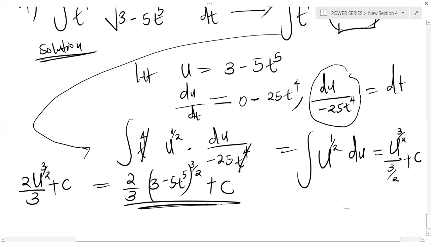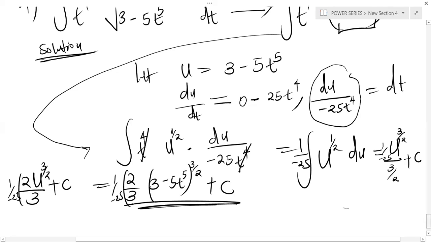What about minus 25? Minus 25, okay, sorry, minus 25 is there. I'm the one who left it out. Thanks for the reminder. So we have 1 over minus 25 here, 1 over minus 25 here, and finally here also 1 over minus 25.